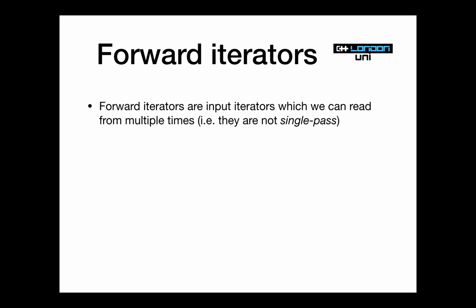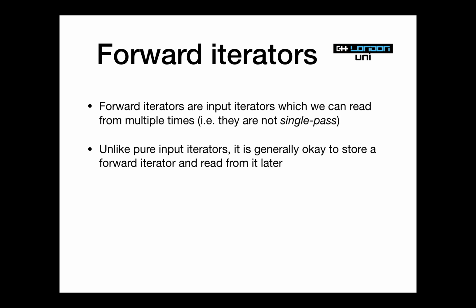So by definition, every forward iterator is an input iterator, except that they don't have this single pass restriction. Which means that we can store an iterator and we can read from that iterator later. That iterator is not invalidated simply by incrementing another iterator far away. Much better, much nicer.